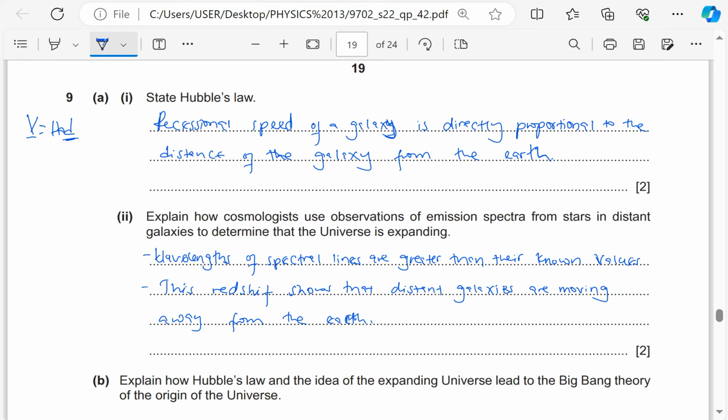So distant galaxies are moving away from the Earth, hence the universe is expanding.